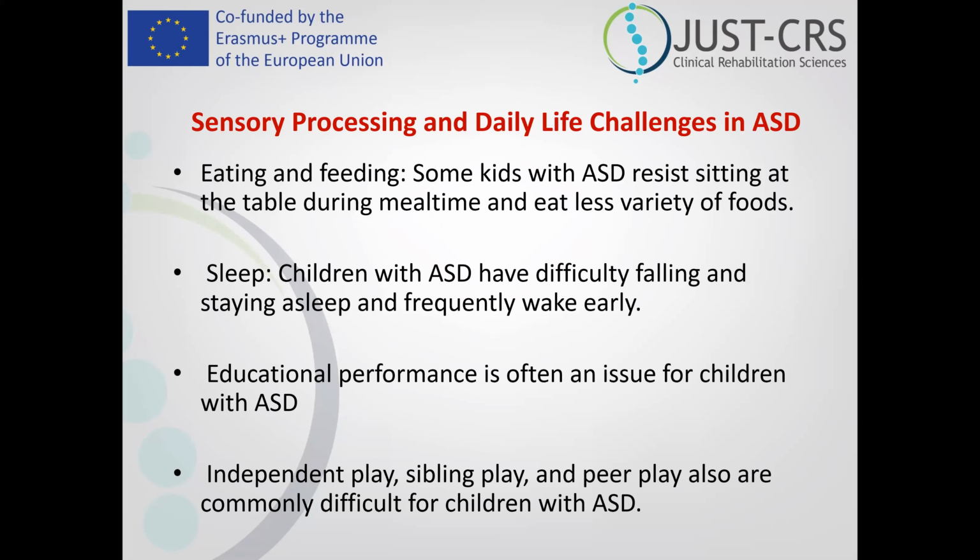Specifically for eating and feeding, kids resist sitting at the table during mealtime, and they eat less variety of foods. For example, kids with ASD tend to like food with less intense flavors, like rice and pasta, and they will eat these items with less variety of other items like fruits, vegetables, or food with more flavors like spices.